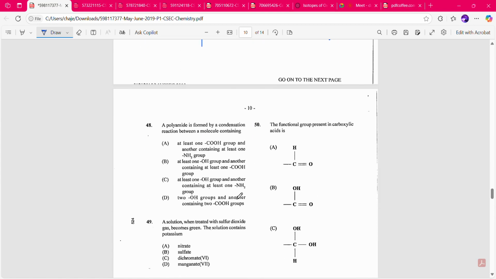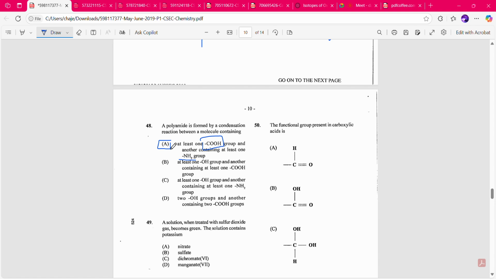So 47 is C. A polyamide is formed by the condensation reaction between a molecule containing... I believe this is the correct answer here.